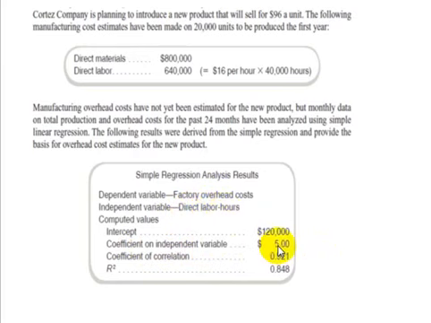So the direct labor hour cost is $5. For the coefficient of correlation we use the term R or multiple R. R square is the coefficient of determination, 0.848.